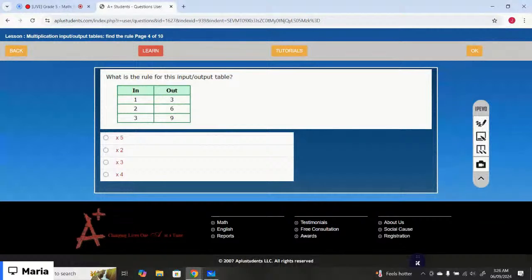Option number 3 is actually the correct option. You need to multiply them by 3. Got it?